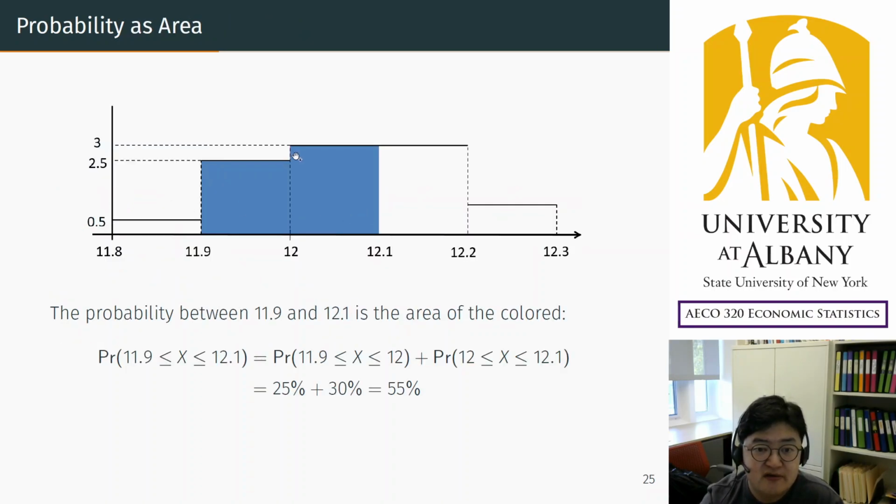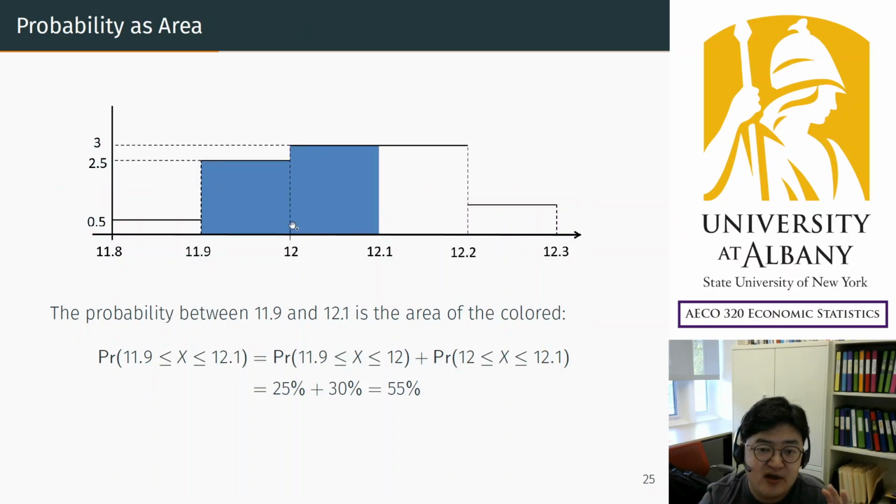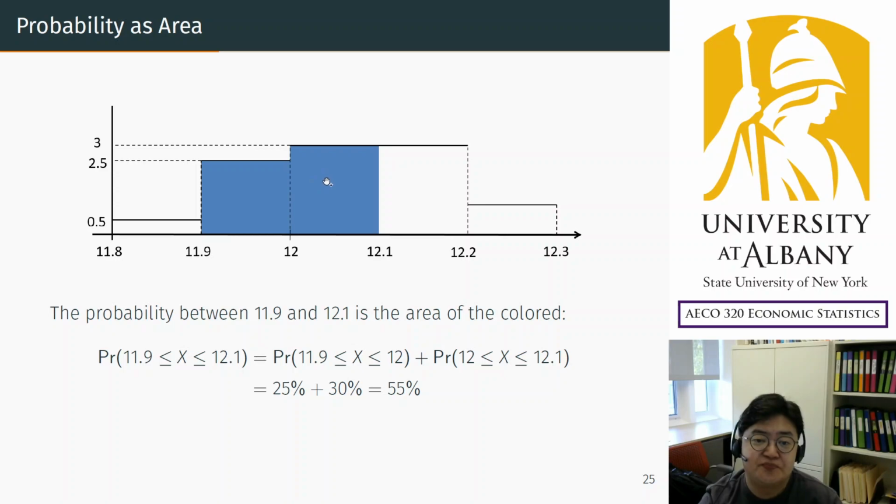This function, this curve, though it doesn't look like a curve, it's a step function, is called probability density, and if it is high, that means the probability is dense in that area. So this interval has larger probability than another interval with the same length. That means probability is more dense here, which is represented by a higher function.